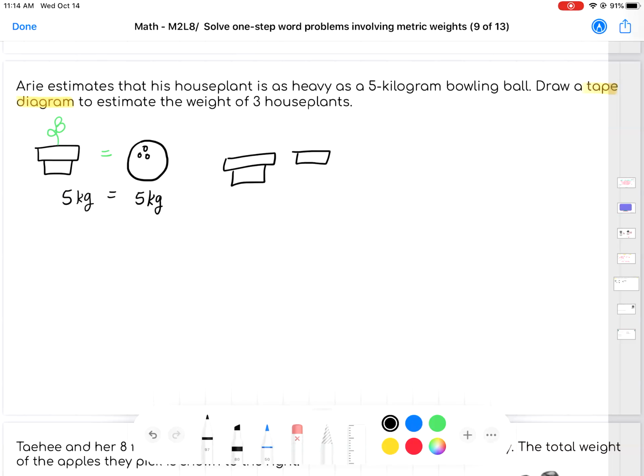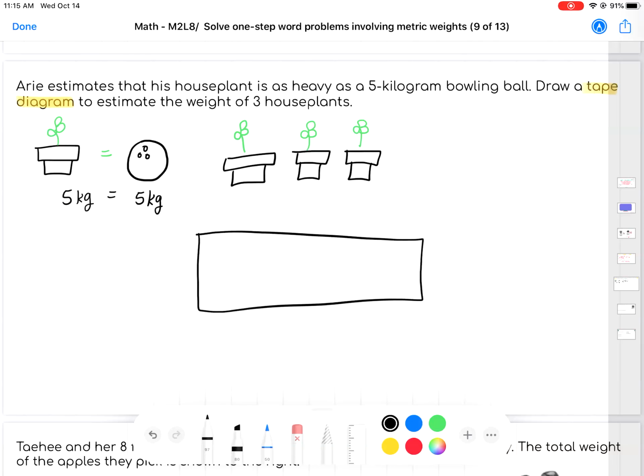And my question is, what if he has 3 houseplants? And what will be the total weight of all 3? So let's use the tape diagram for that. Here's my big rectangular box. And there are 3 houseplants, so I have divided it into 3 sections.